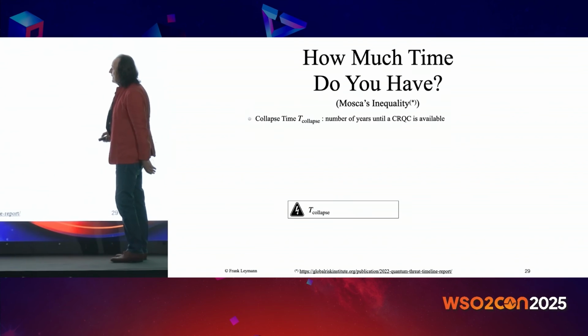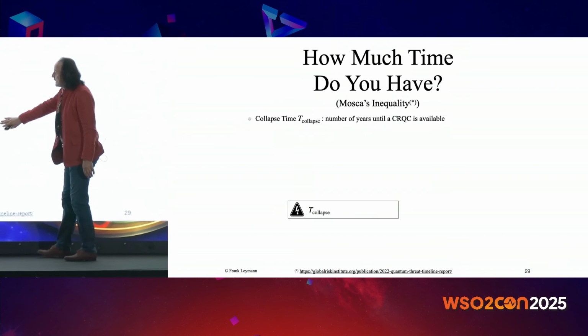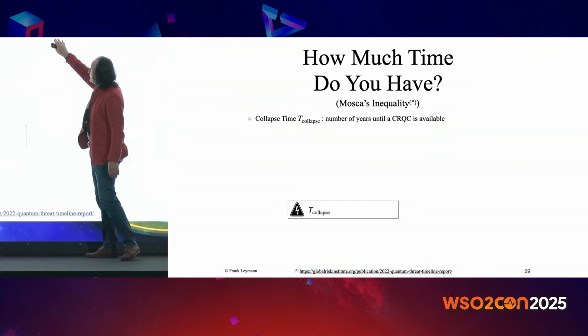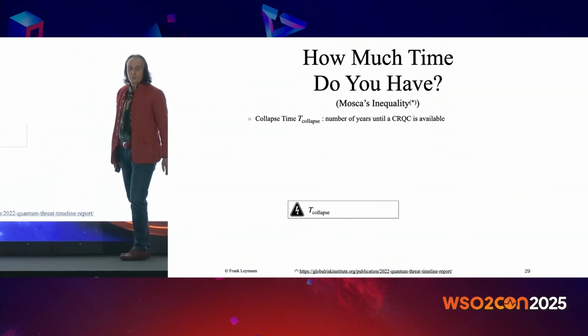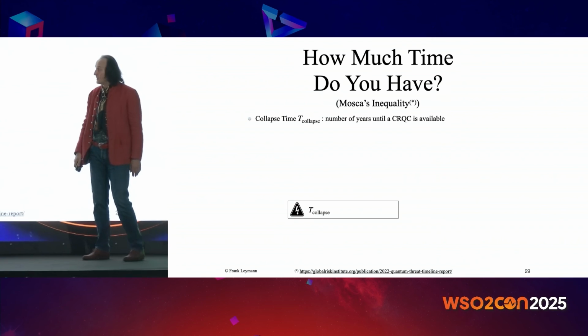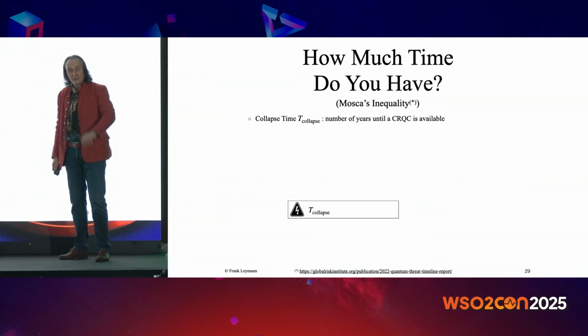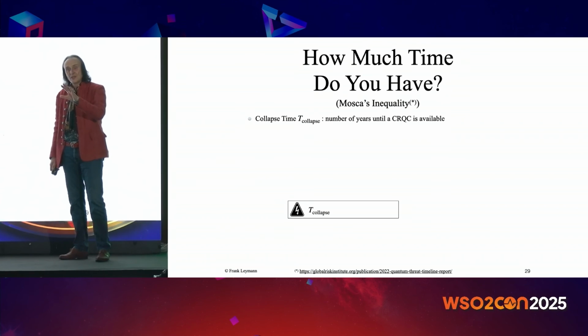But how much time do you have? Assume T-collapse is the number of years that must pass until we have this powerful, cryptographically relevant quantum computer available. Some people say it takes 20 years, some say 5 years, many say about 10 years. So early next decade, we will have a quantum computer that can break all of our infrastructure.